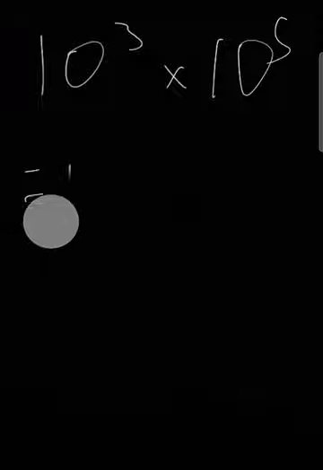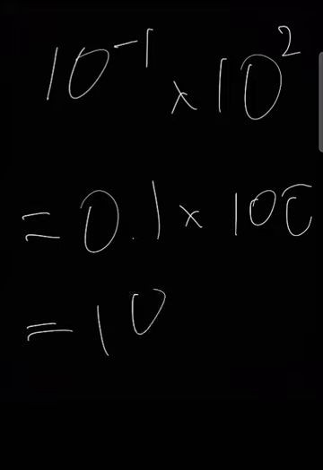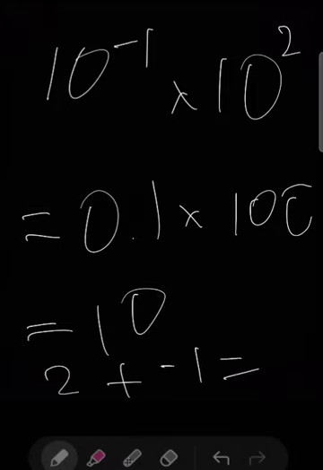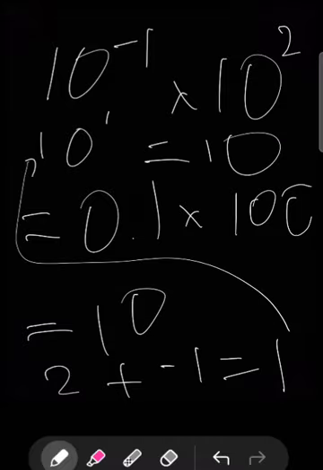Now we can do another example of 10 to the negative 1 times 10 to the 2, which equals 0.1 times 100, which simply would equal 10, because 2 plus negative 1 equals 1, and 10 to the 1 is equal to 10. I hope that helps.